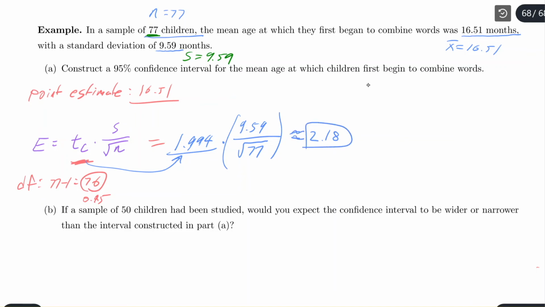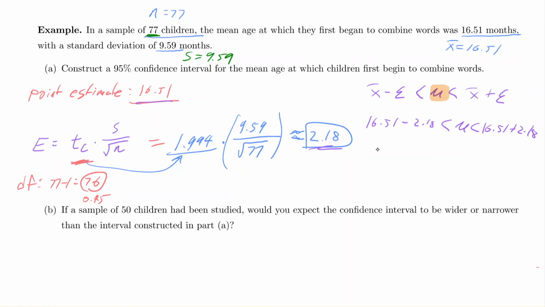So for the confidence interval, again, same idea. We are estimating the population mean. That's what we're trying to estimate. The mean is between two numbers. So we take 16.51 minus the margin of error, and 16.51 plus the margin of error.